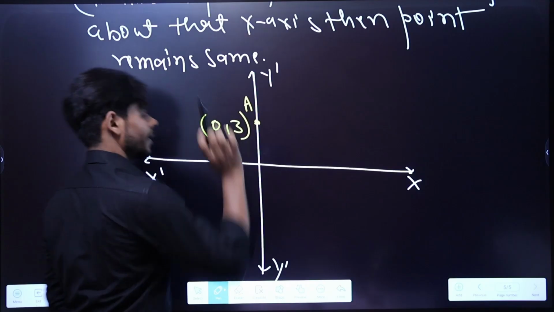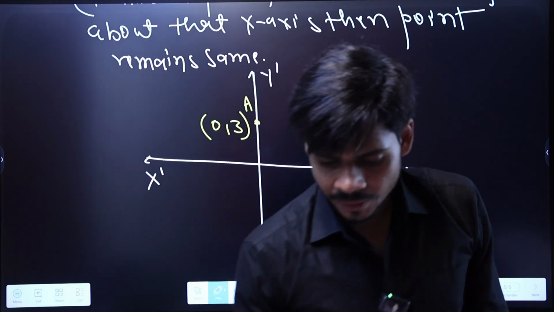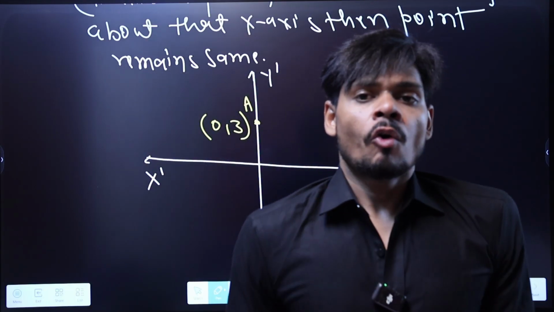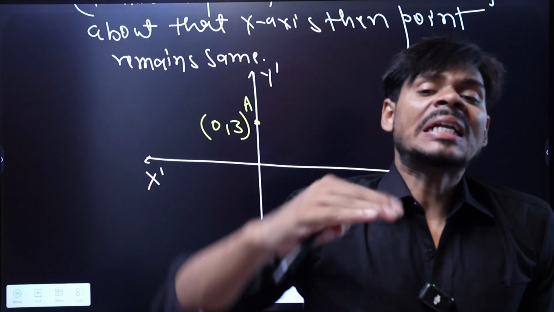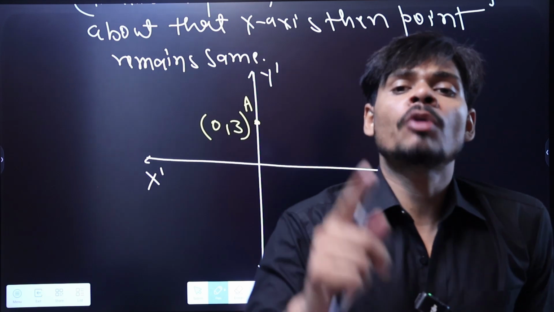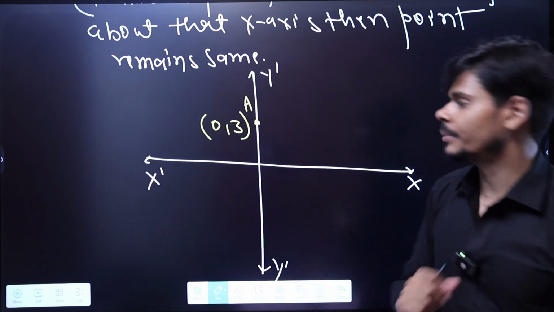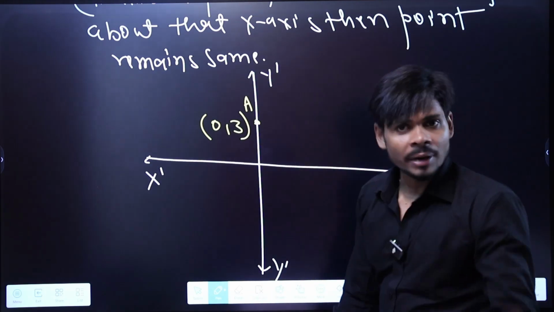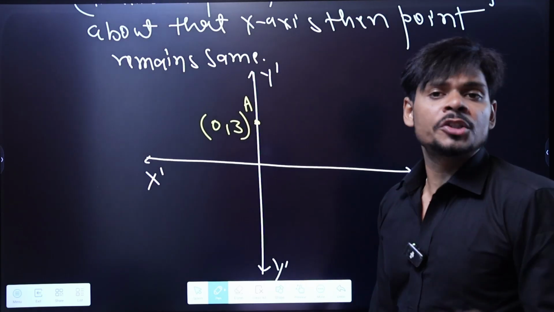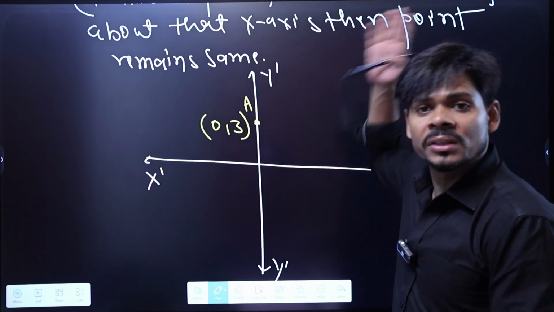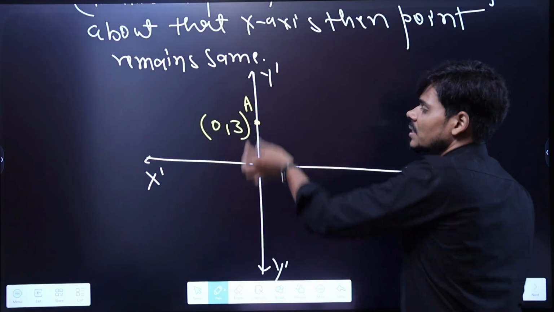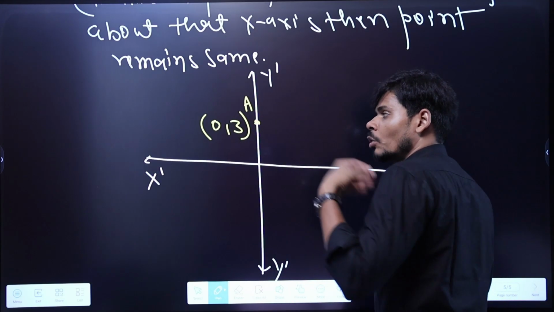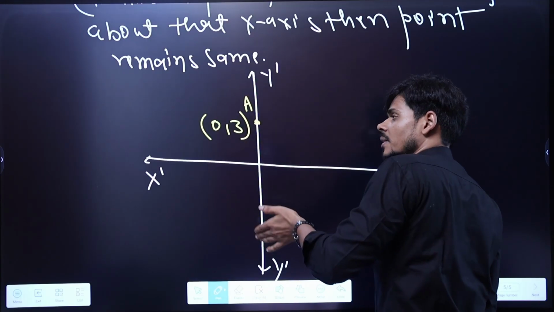Let's say this point is A. Now tell me what will be the reflection of this point about the y-axis. First of all, this point is lying on the y-axis and I am going to take the reflection about the axis on which it is actually lying.